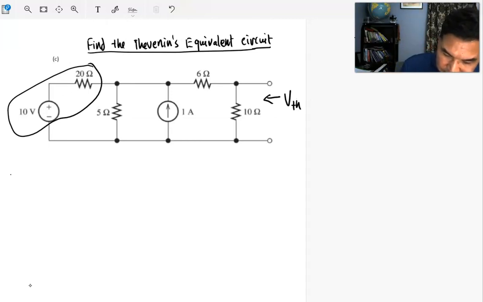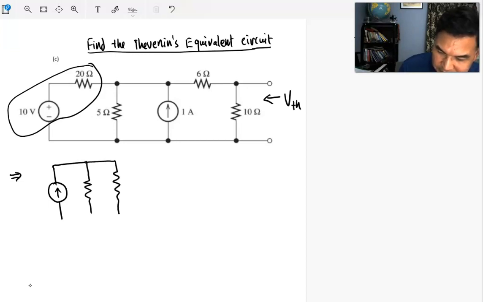I keep doing this source conversion, it is equivalent to a current source with the same resistor, which is 20 ohms, and you have 5 ohms already. And you have this current source of 1 amp.